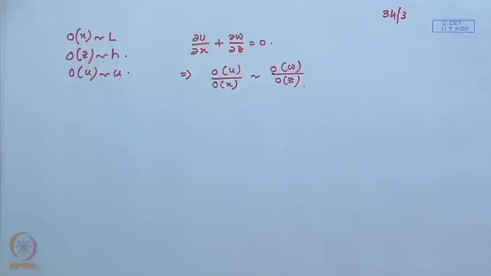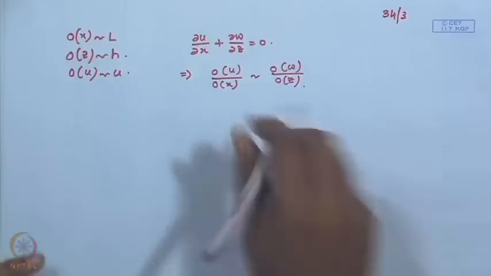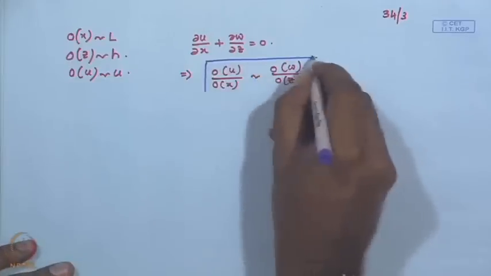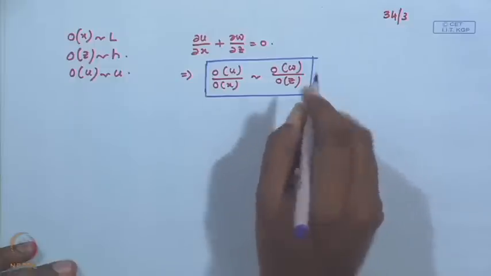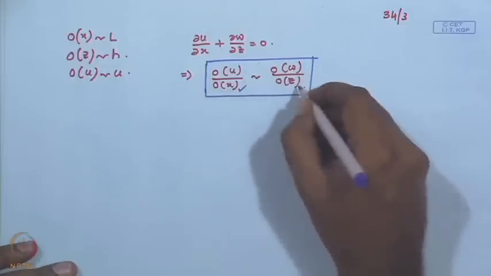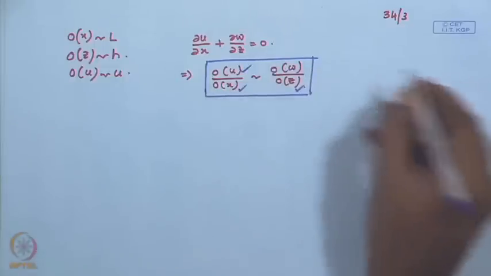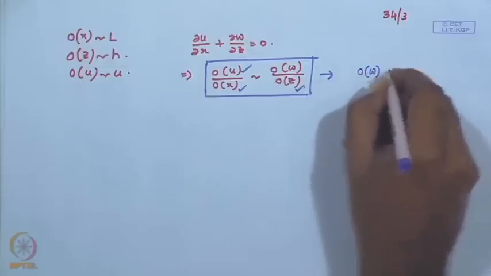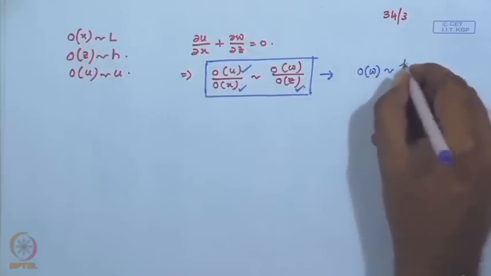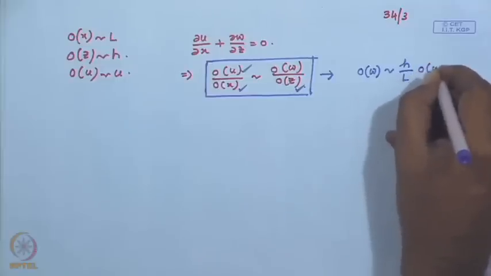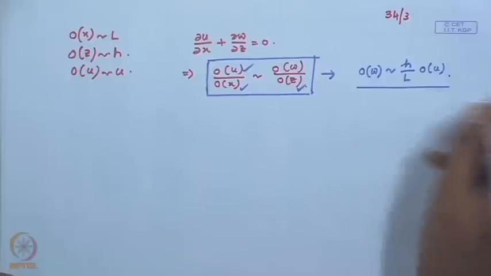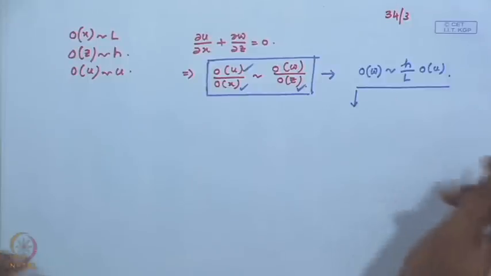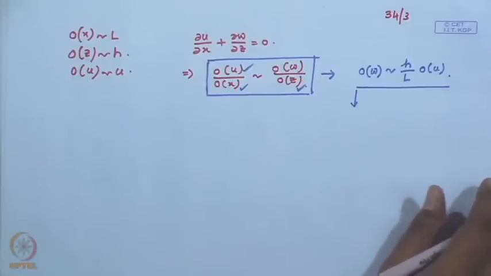Out of the 4 orders involved in this equation, 3 are known, that is x, z and u. So, if you plug in those orders, the order of w is h by L times order of u, which means that what is the significance of this mathematical statement?